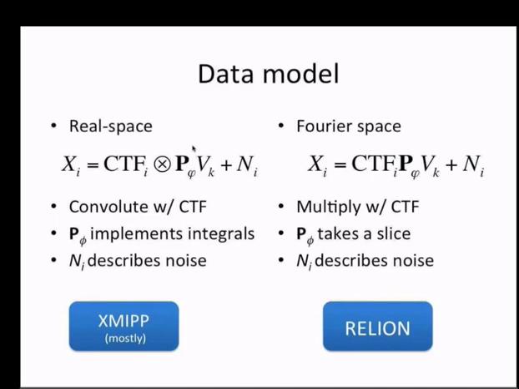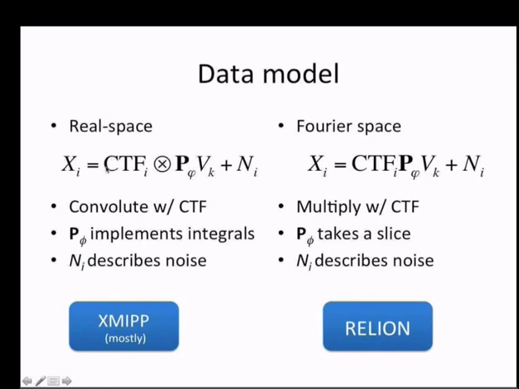Good. So for our data model, we have a choice of doing our calculations in real space or in Fourier space. And in principle, they're equivalent, although each space has its own advantages over the other. The characteristics are that in real space, the actual projection operation is like line integrals, according to those dotted arrows that I showed in the previous slide.